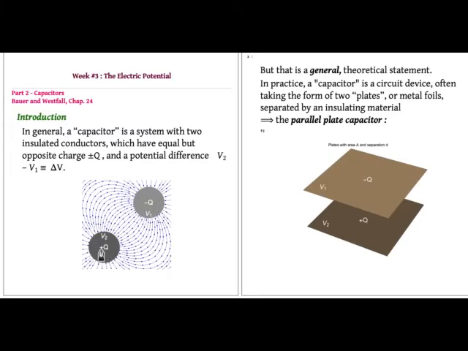V2 is the potential of the positive charge. So that will be greater than V1, which is the potential of the negative charge. Remember, the electric field is the rate of change of potential. So, well, it's the rate of decrease of the potential. So in this sphere, we have higher potential. In this sphere, we have lower potential.